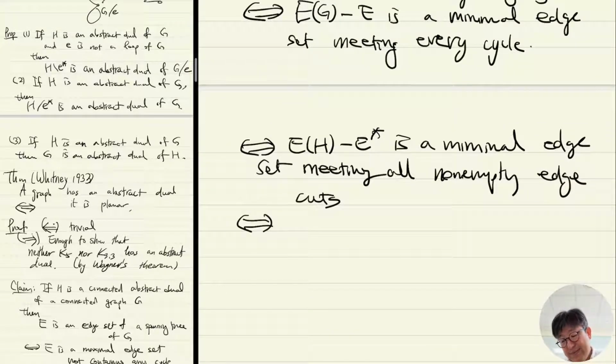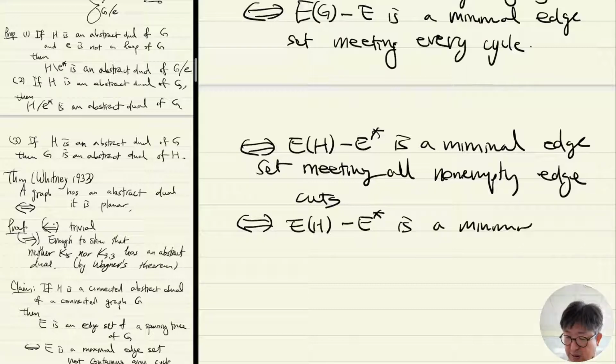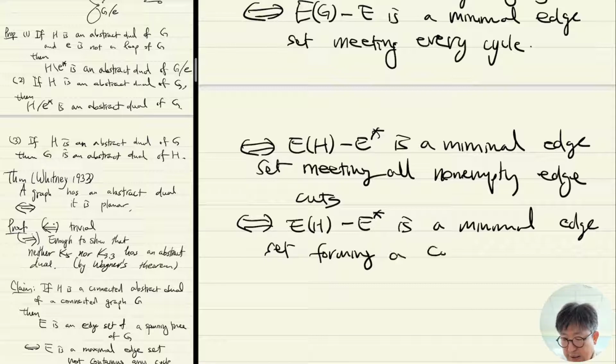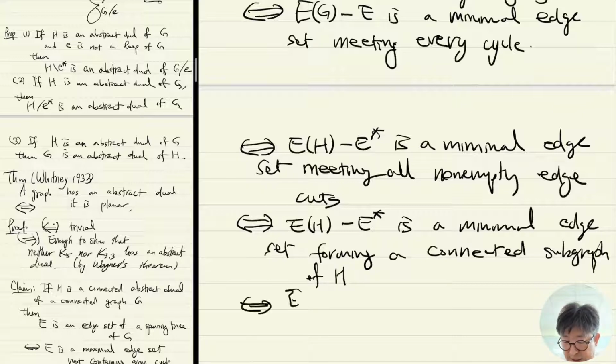What are the minimal edge sets meeting all non-empty edge cuts? That means it's a minimal edge set forming a connected subgraph of H. So that means E(F) is an edge set of a spanning tree.